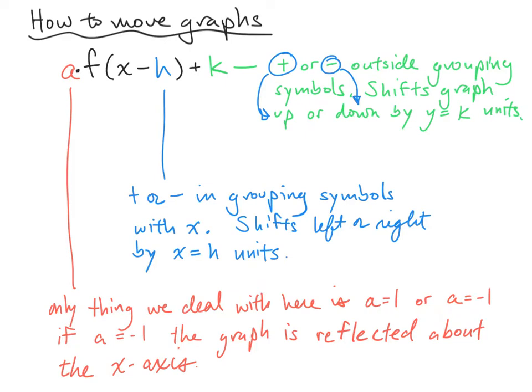Now, here's where it gets a little interesting. If we have x plus a number, it will shift to the left. And if we have x minus a number, it will shift to the right. And of course, this has everything to do with what x should equal, not what is given to you.